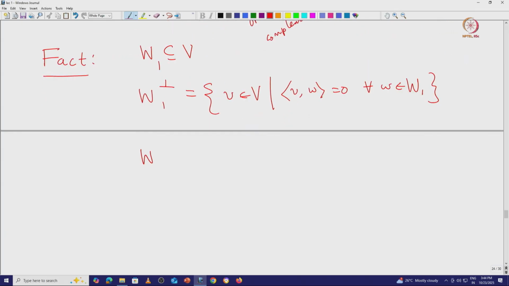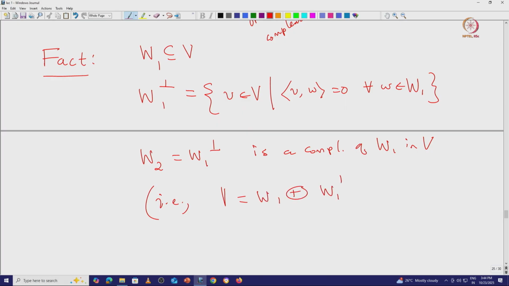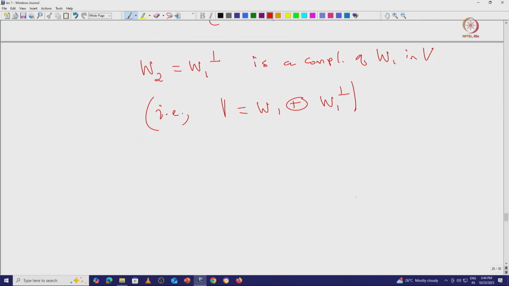Then this W2, which is W1 perp, is a complement of W1 in V, that is, V equals W1 direct sum W1 perp, and it is easy to prove.